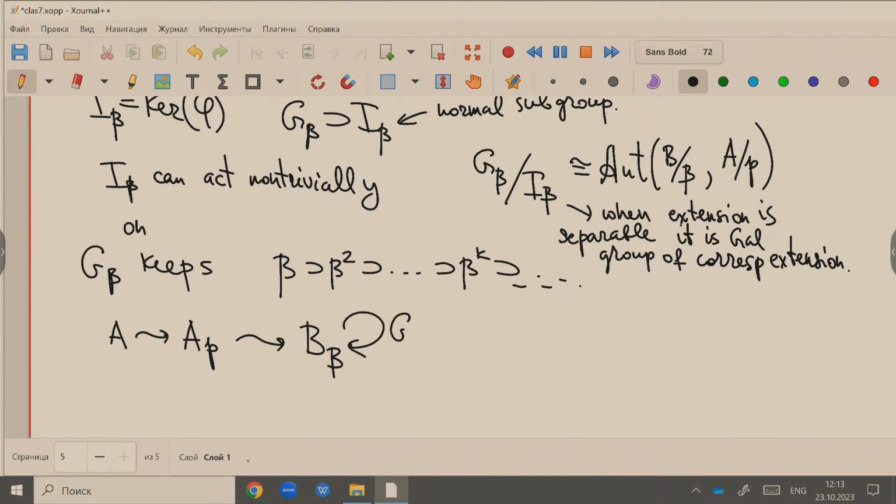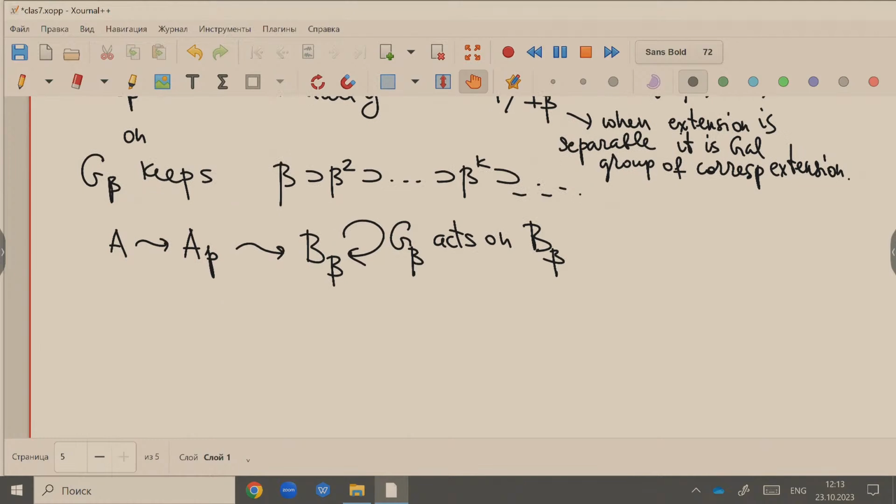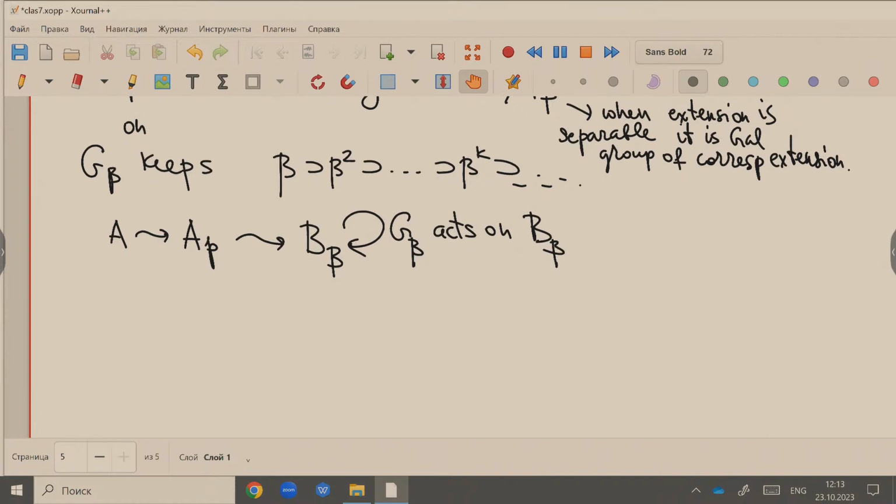So D beta acts on the localization. In the case where this is a discrete valuation ring, you have only the decomposition group. It coincides with the Galois group for trivial reasons.